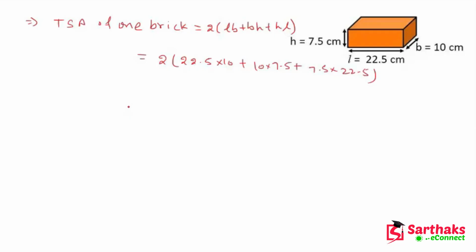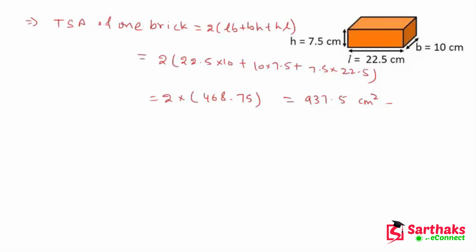I hope you understand these things. So this will become 2 into 468.75, and after solving this we get 937.5 centimeter square.